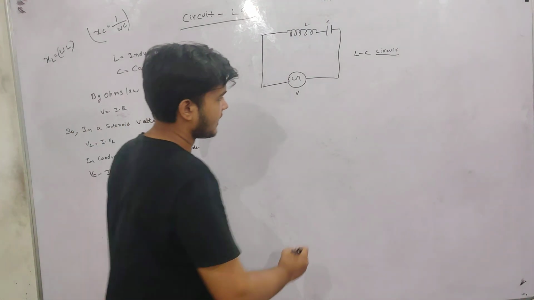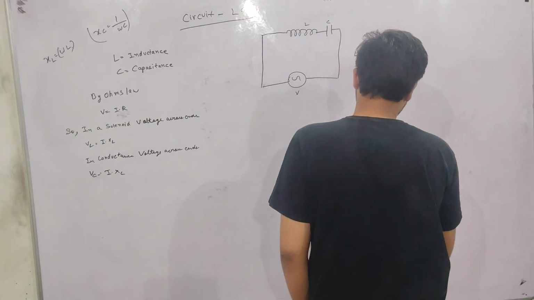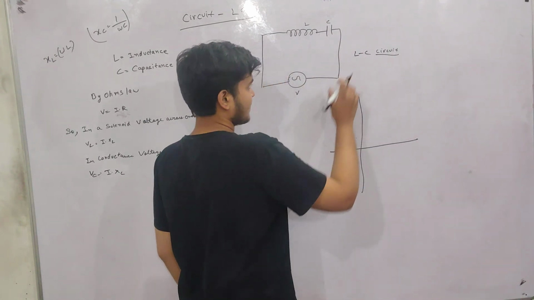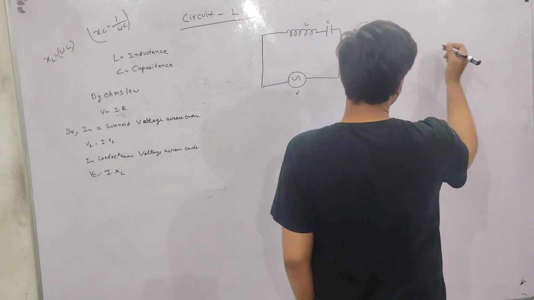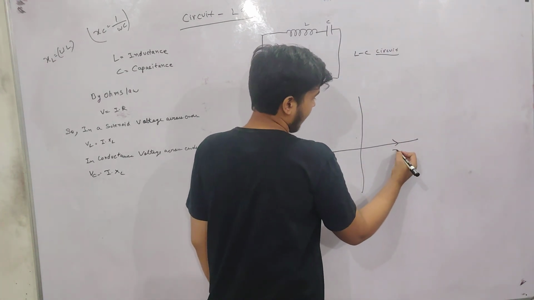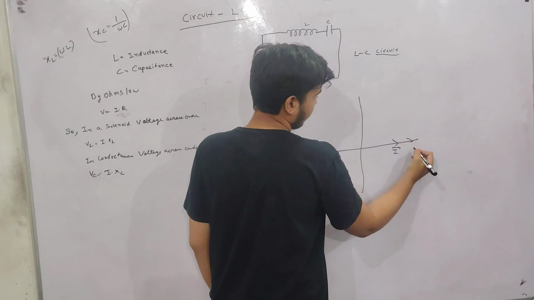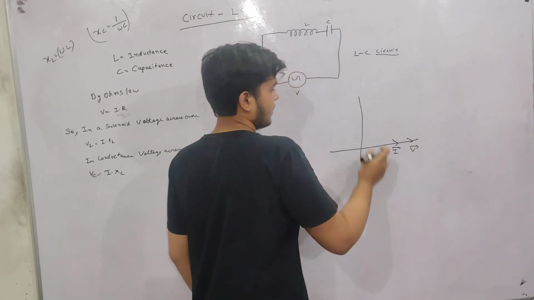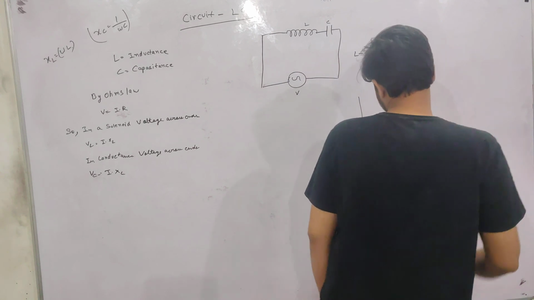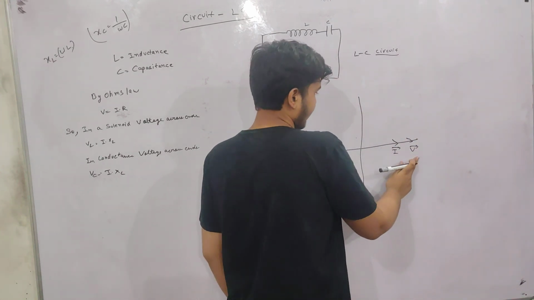We have learned the phasor diagram; now we will learn about it in detail. If there is only resistance in a circuit, then the current vector and voltage will be in the same direction.